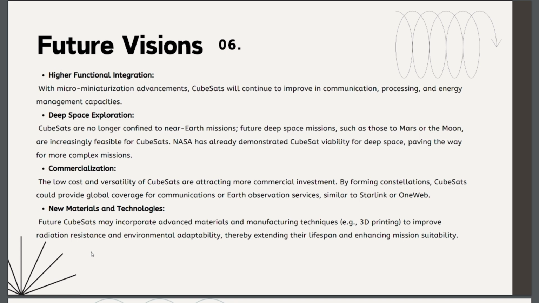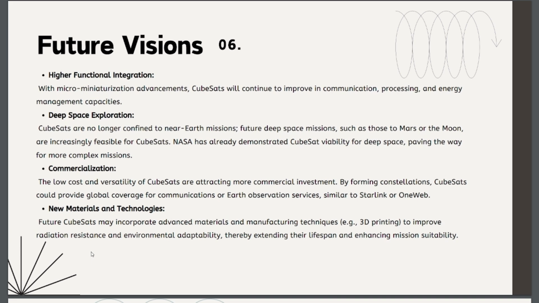Third, commercialization. Because of its low cost and versatility, it can be treated as a product to sell to the customers who need it, providing global coverage for communications and Earth observation services, such as Starlink and OneWeb.